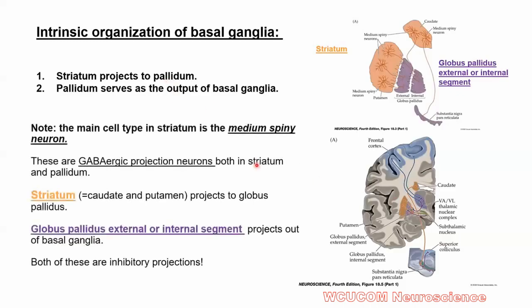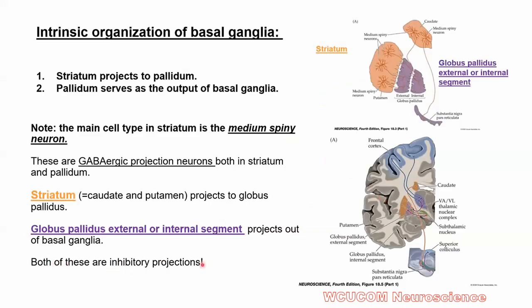We also know that the main cell type in striatum is the GABAergic medium spiny neuron. Well, that would be over here signaling to the next neuron in chain in globus pallidus. And even in the globus pallidus, the output neuron I expect will be GABAergic.